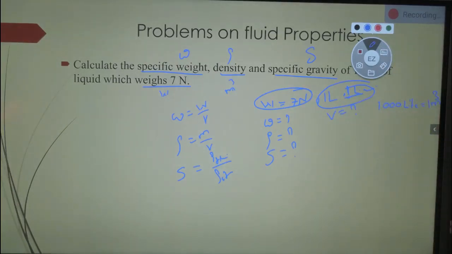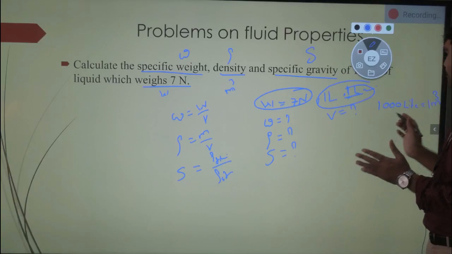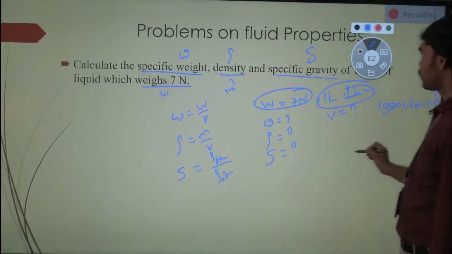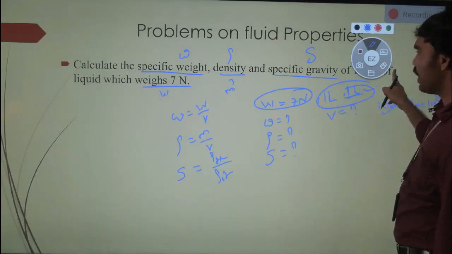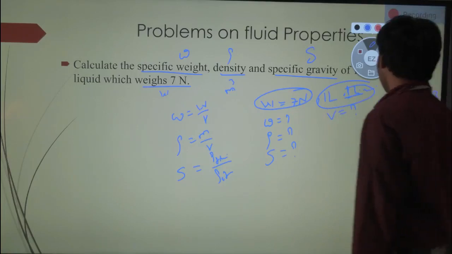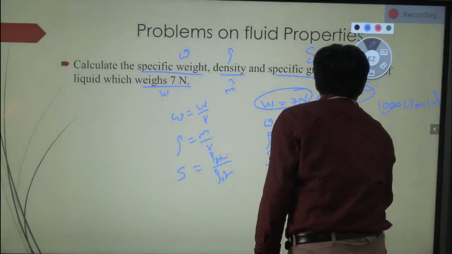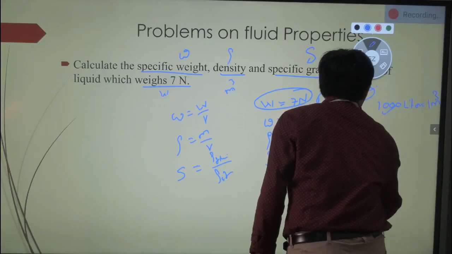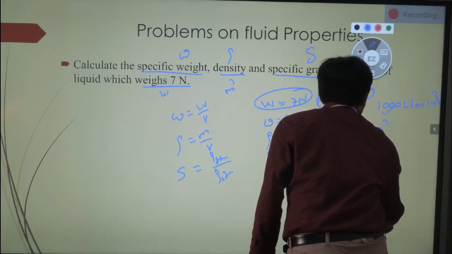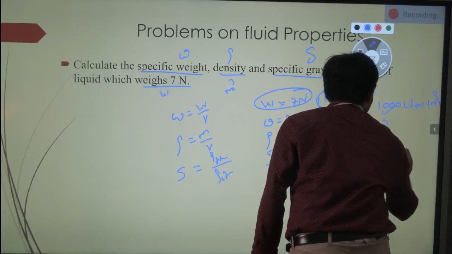So 1 meter cube of container can have 1000 liters of water. Here the volume of the liquid is given as 1 liter, so that means volume is 1 by 1000 meter cube, that means 0.001 meter cube.